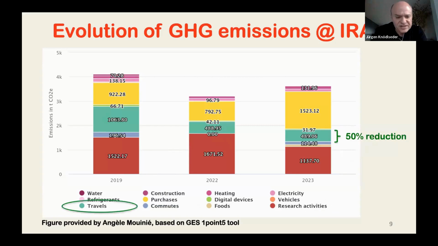The interesting part is that when you look at our travel footprint, you see that consistently from 2019, it went down by a factor 2, basically. And discussing with other labs in France, at least, that's also observed there. So this seems to be a global trend. I believe it has two factors, of course. One is it's post-COVID. And during COVID, we all learned that we can, like now, today, make video conferences.